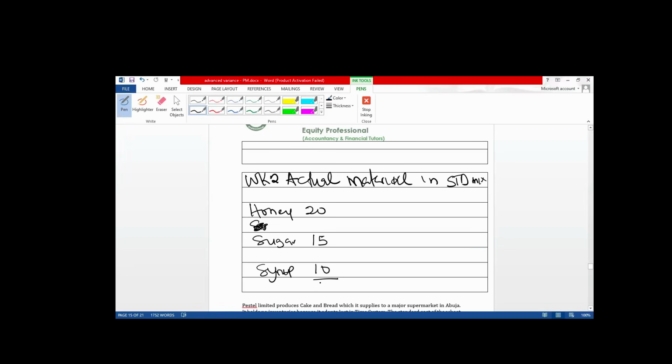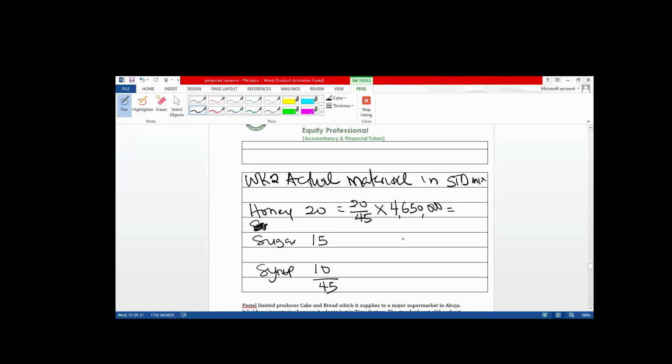This is 45, is that not? Yes, sir. Now come here. 20 over 45 multiplied by 4,650,000.